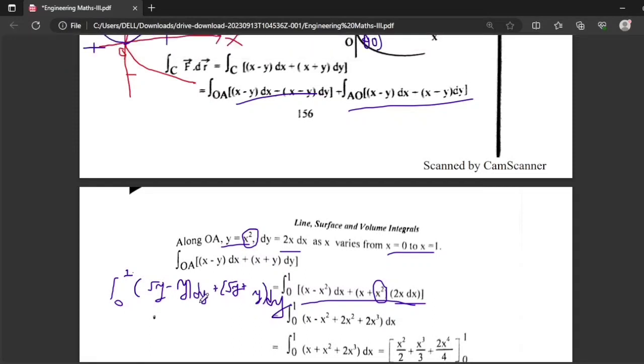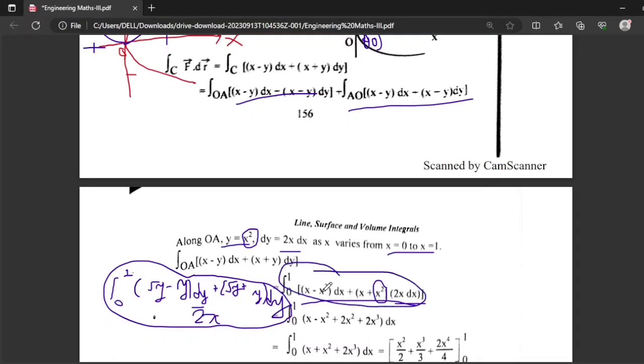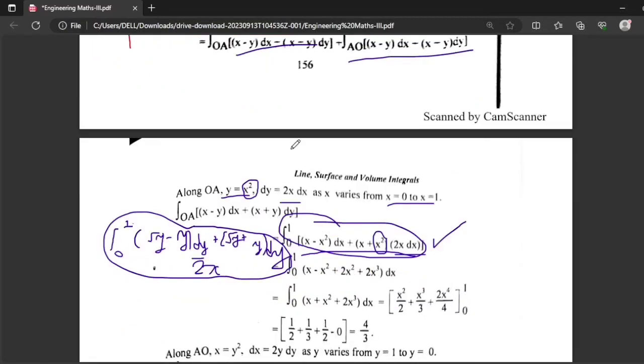So if we convert the whole into y, this is a little difficult, and if we convert the whole into x, this is easier because it has a square and a root and divide by 2x here. So whichever is easier for you, you can convert into that variable.